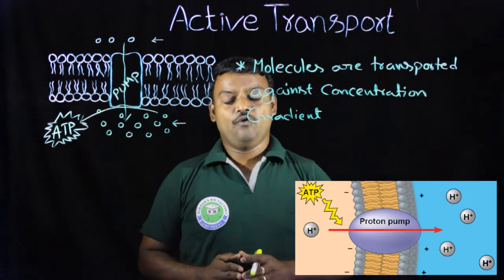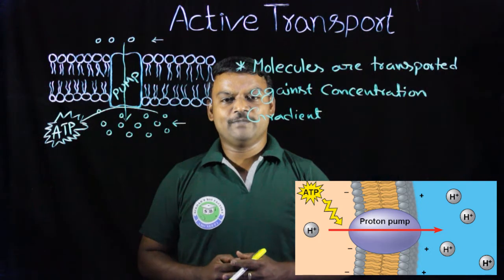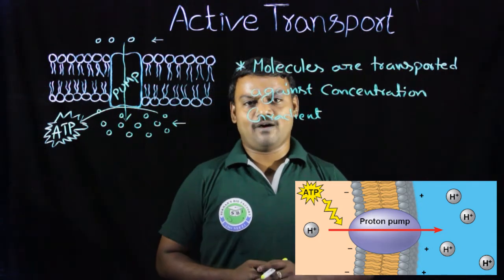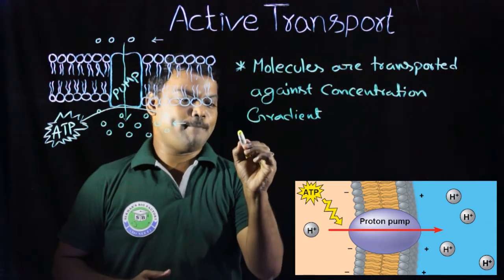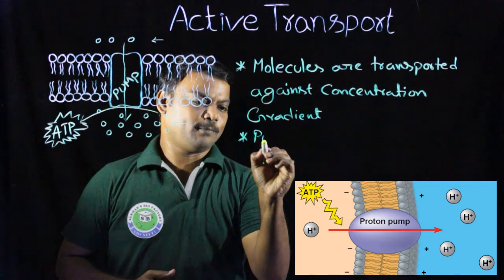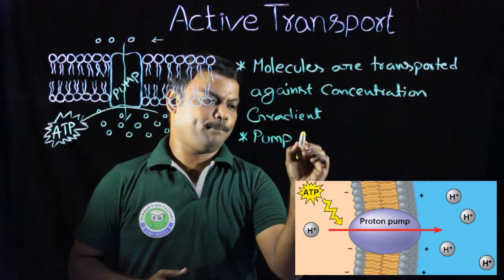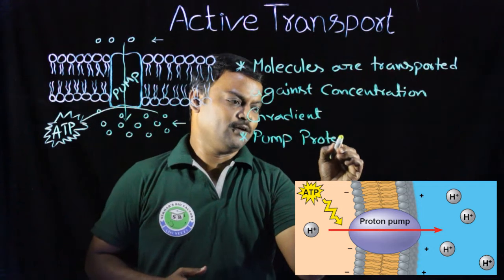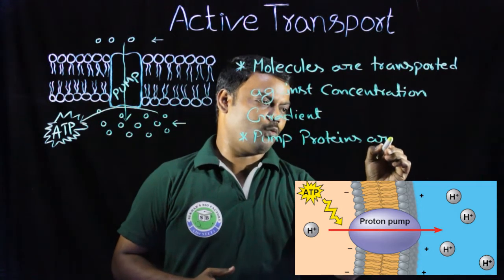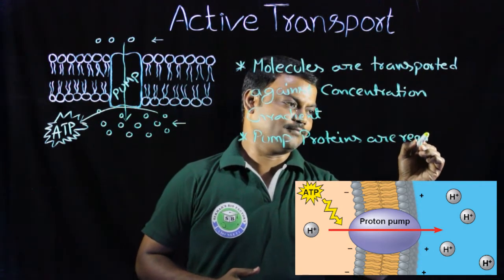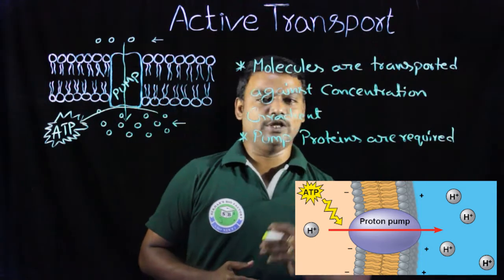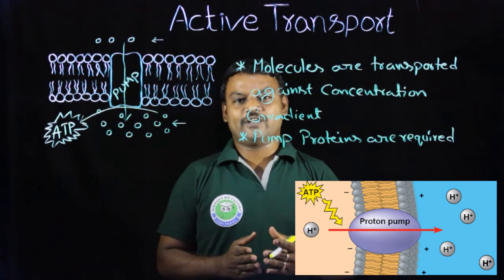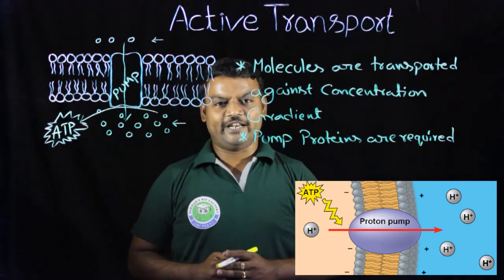At the same time, for the transportation of molecules, special membrane proteins are required. These are called pump proteins. Pump proteins are required for the transportation of molecules from lower concentration to higher concentration.